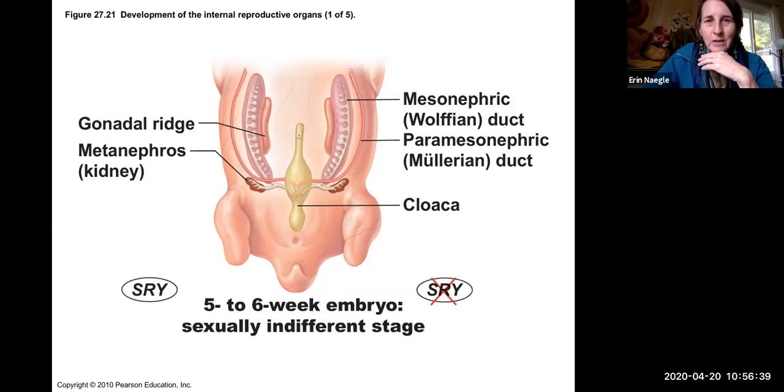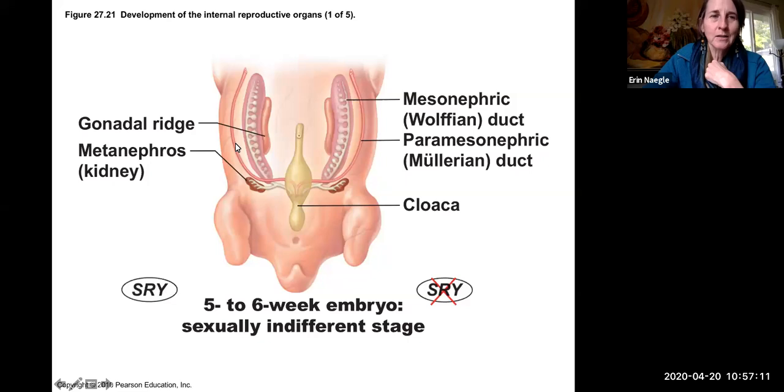And then notice there are 2 ducts here. We have the mesonephric duct, also known as the Wolffian duct, and we have the paramesonephric duct, para meaning next to. And then we've also got these metanephrons, nephrons, right? They're all associated to the kidneys. So these brown blobs here will develop into the kidneys, and then these tubes, of course, will become the ureters.